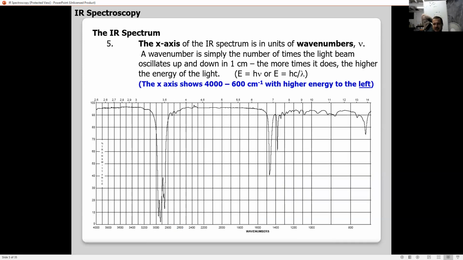And what we're actually doing here, so on the x-axis, we have the wave number. So this is where we can see the number of times the light beam oscillates up and down.